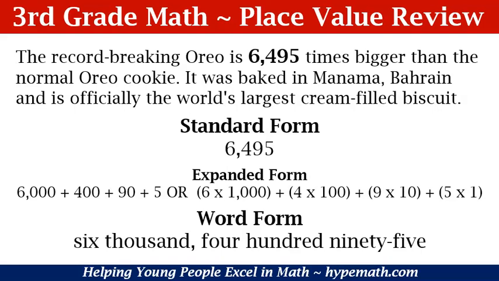In expanded form, it is 6,000 plus 400 plus 90 plus 5, or 6 times 1,000 plus 4 times 100 plus 9 times 10 plus 5 times 1. In word form, it is 6,495 spelled out. So when we're looking at place value, these are the different ways we can express the number.